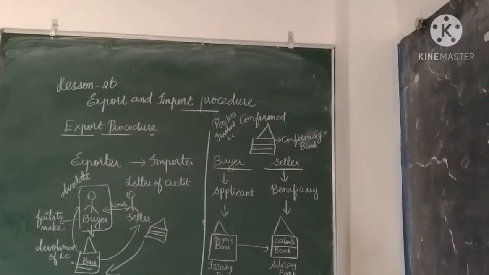The seller may stipulate the condition that the LC has to be confirmed. Whatever LC I have received should be confirmed by a bank in my location. So another bank also comes into the picture. We call that bank the confirming bank.